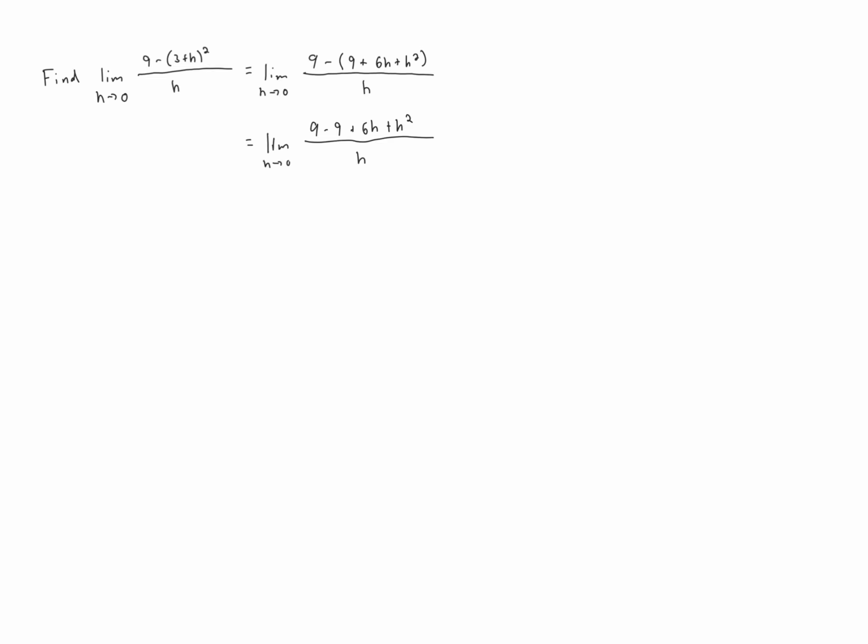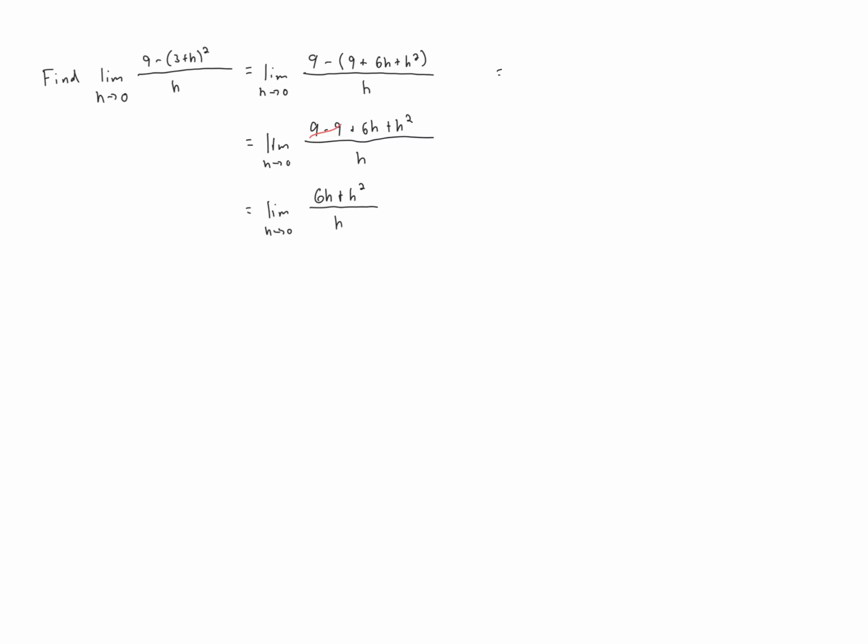And you probably are already noticing 9 minus 9 is 0. So that just goes away. And we can write this as the limit as h approaches 0 of 6h plus h squared, all over h. And we can factor out an h in the numerator and denominator.